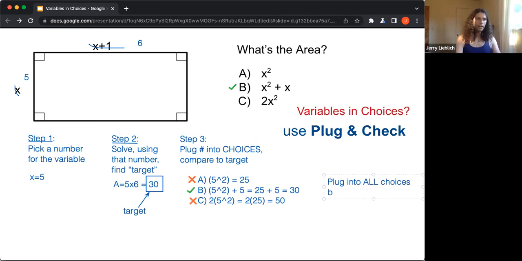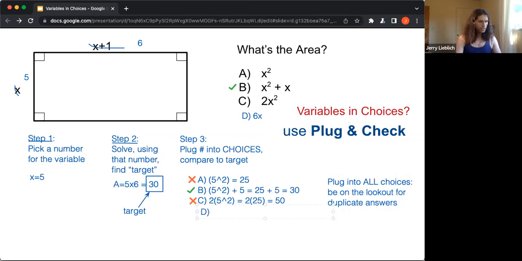because you want to be on the lookout for a duplicate answer. This is going to happen rarely, but it can happen. And it's just sort of bad luck when it does. So let's imagine that choice D were 6x.